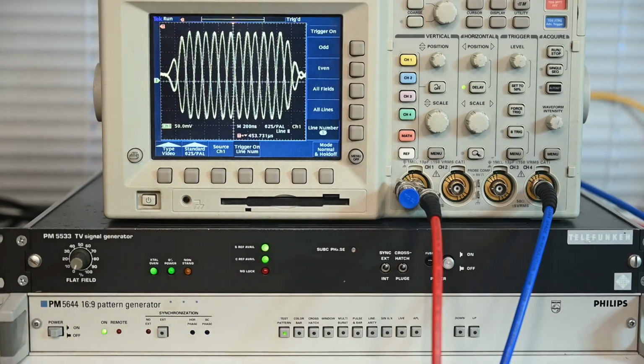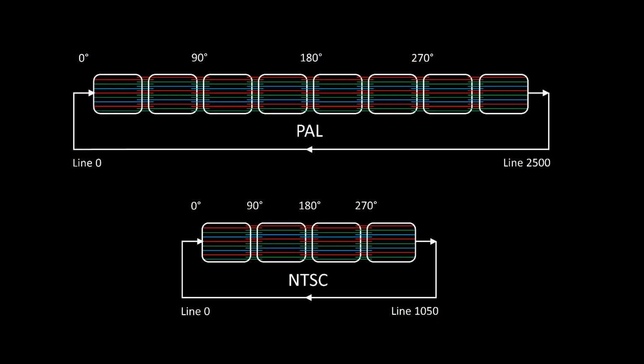Now I think the best way to explain it is to talk about the 8-field sequence for PAL or the 4-field sequence for NTSC, and what this is saying is that the phase of the horizontal sync and the color subcarrier only meet up once every 8 fields, or 4 for NTSC.